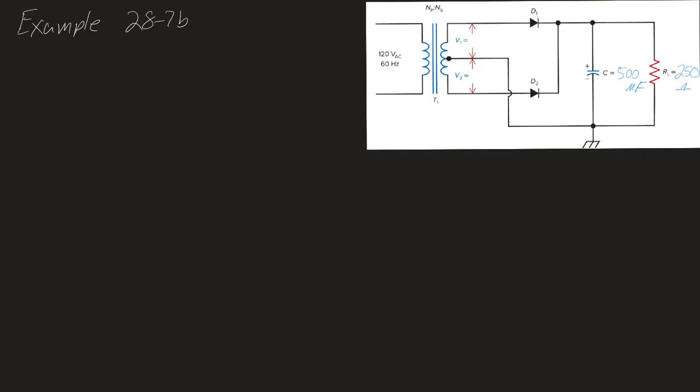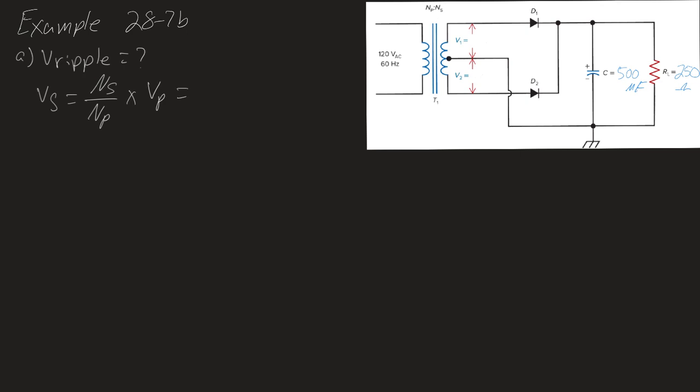In this video, we're going to take a look at example 28-7b, which deals with the full wave rectifier. So for this one, we're going to find the ripple, and we're going to start out finding out what our secondary voltage is. So V sub S is equal to the number of turns on the secondary divided by the number of turns on the primary times the voltage of the primary.